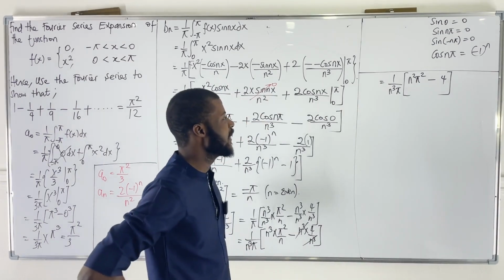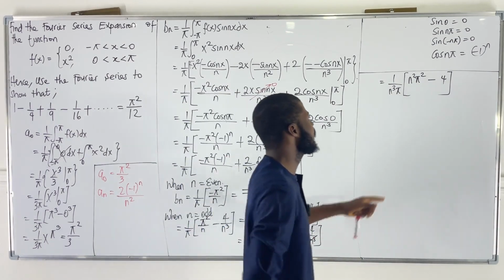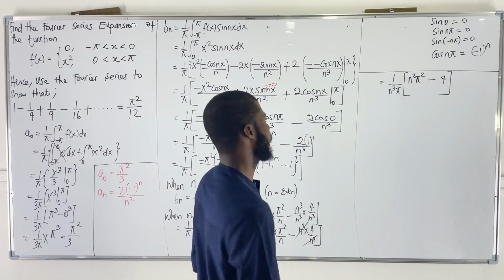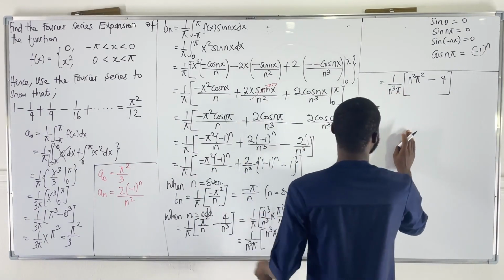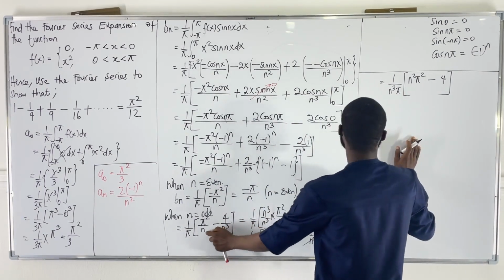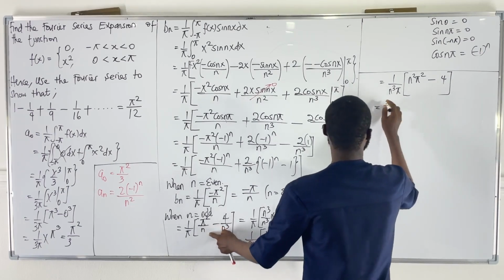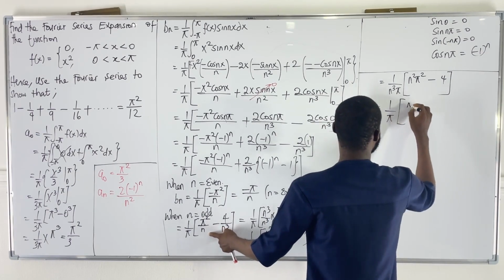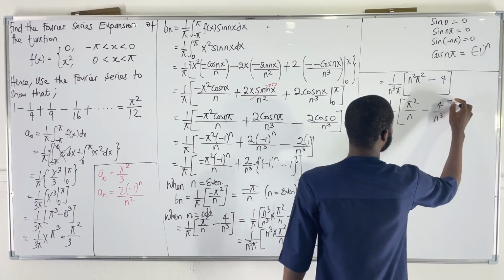Did this really make it better, or did this make it much more complicated? Because I still have my n here. So what I have to do is just open up the brackets. I'm sorry about the time wasted for this, but let's open up our brackets, since this was our expression before. So I'm just going to repeat that: 1 over pi into pi squared over n minus 4 over n cubed.